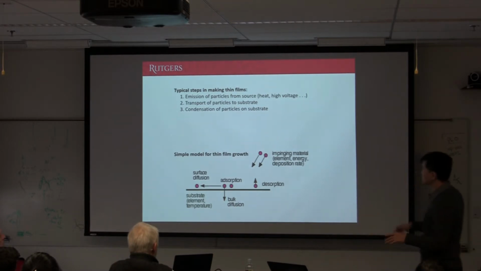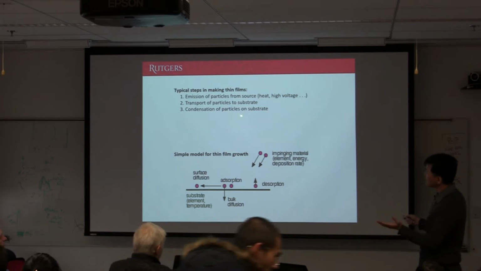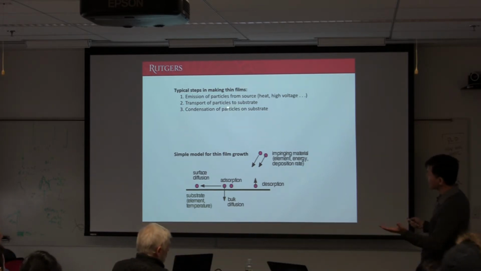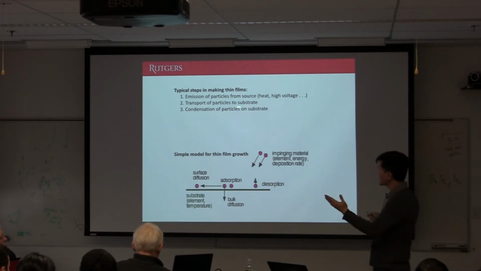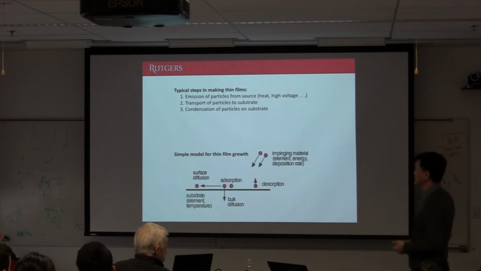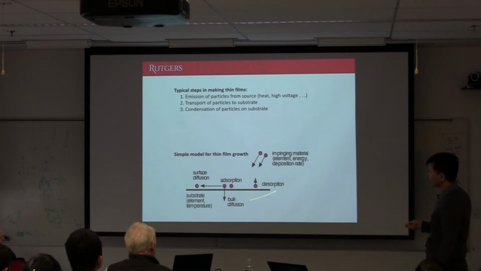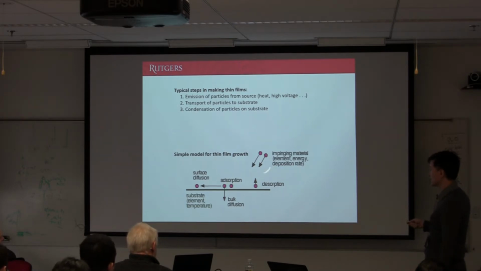This applies to just almost any film growth. In order to grow thin films, whether it's MBE or another method, you have to emit the source materials, they have to be transported to the substrate, and then the material has to condense on the substrate. So roughly, the growth model can be described by this kind of process, right?